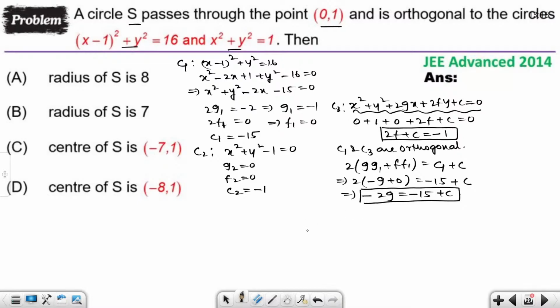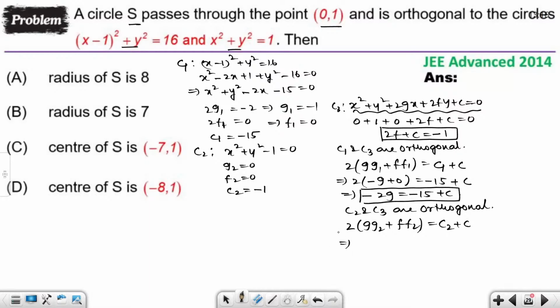Now to find g and c, we need another equation. That equation will be formed from C2 and C3. Again, they are orthogonal. So we will write 2 times (G2 g plus F2 f) equals C2 plus c.